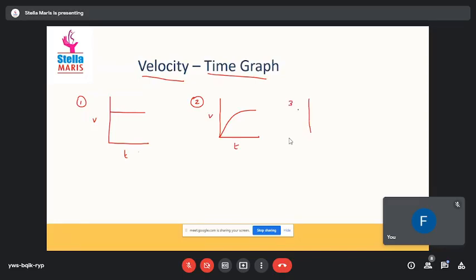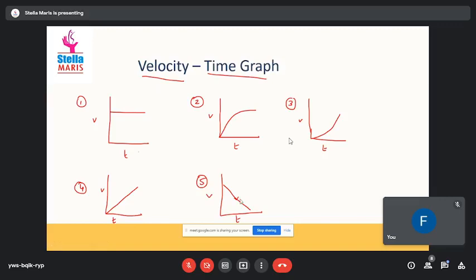The third graph is like this, V and T. And the fourth graph is like this, V, T. And the final fifth graph is like this, V, T, in this direction. So we have seen them one by one. We'll just revise them now.